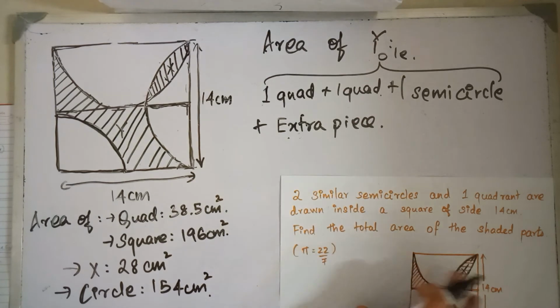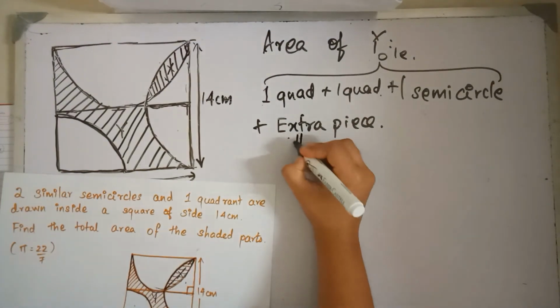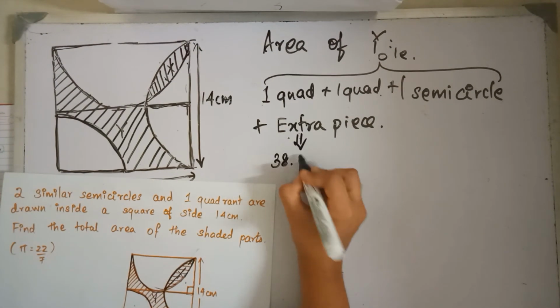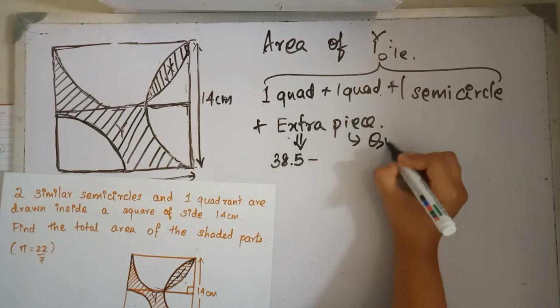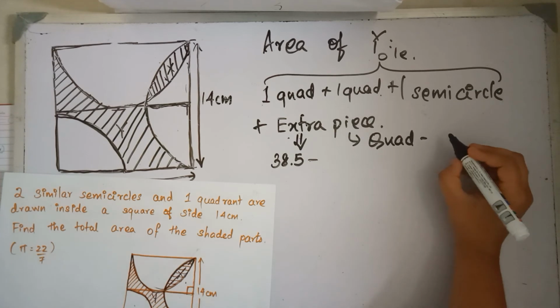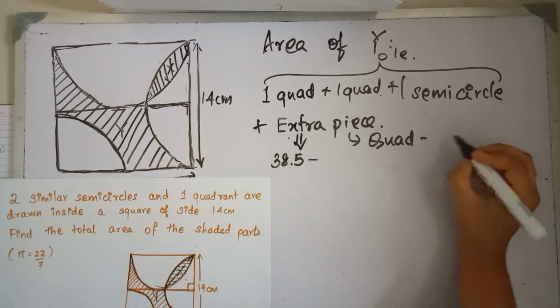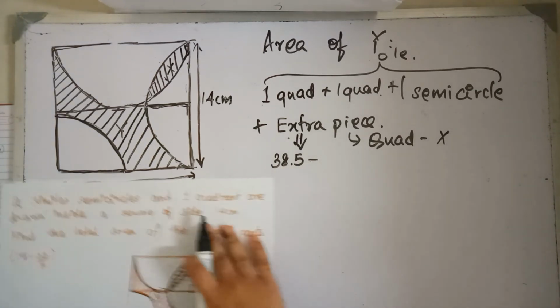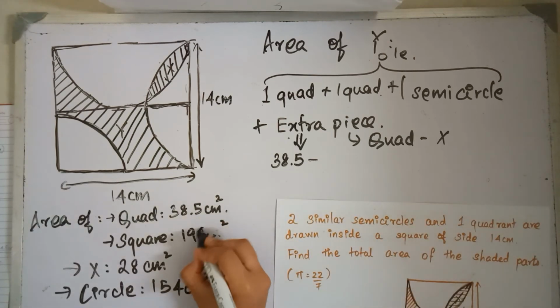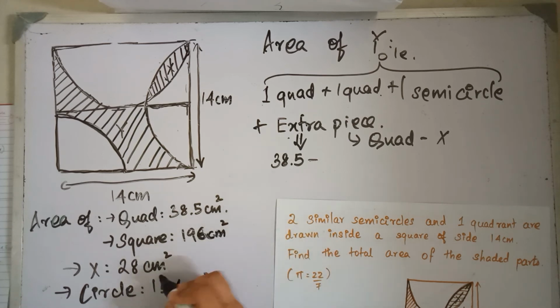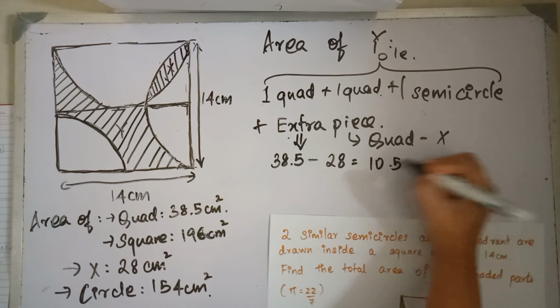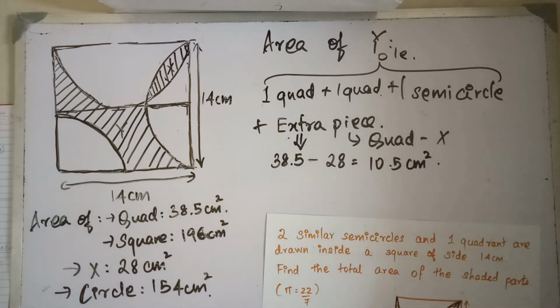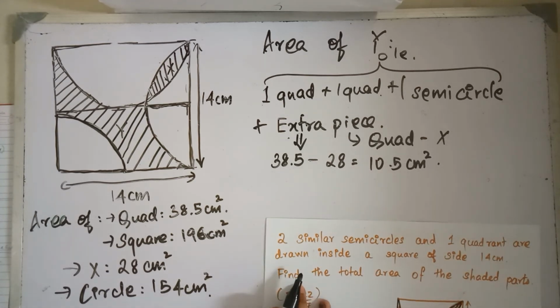So extra piece will be quadrant area minus X. Quadrant is 38.5, and X is 28. So this gives us 10.5. 10.5 cm square is the area of the extra piece.